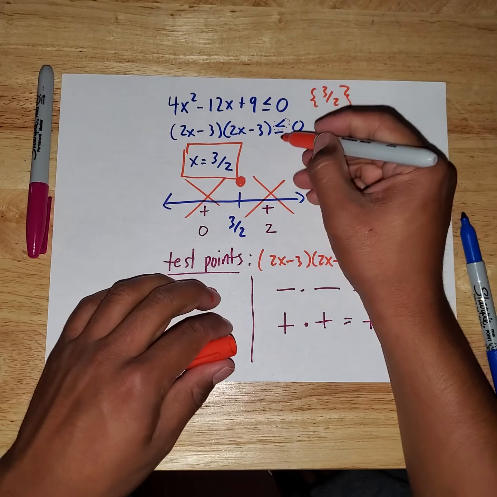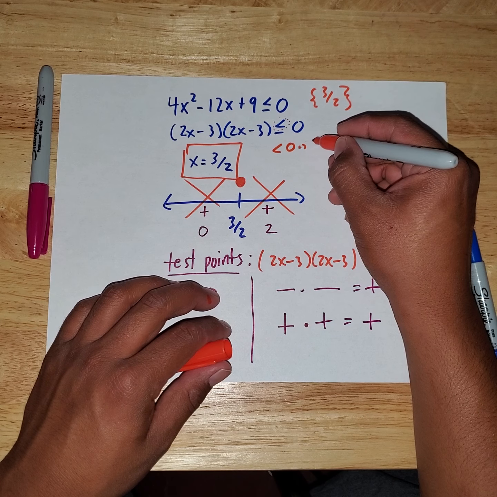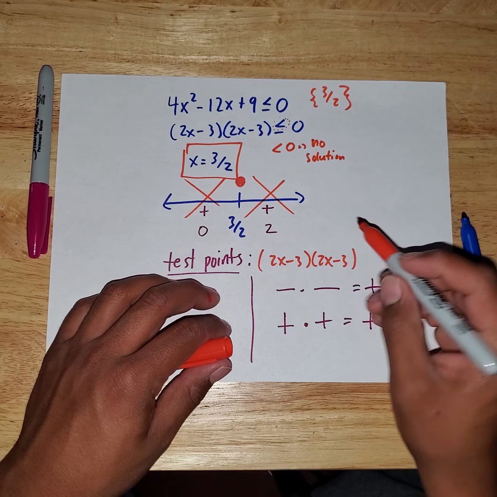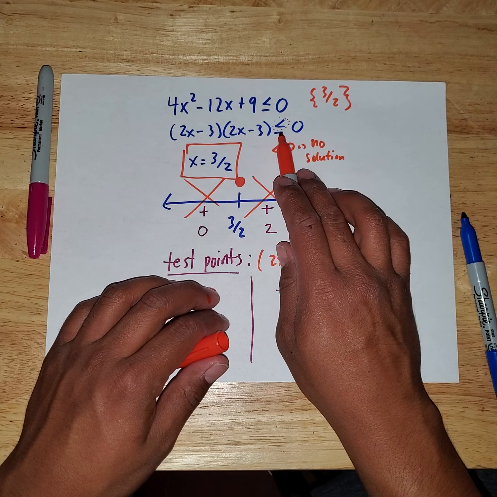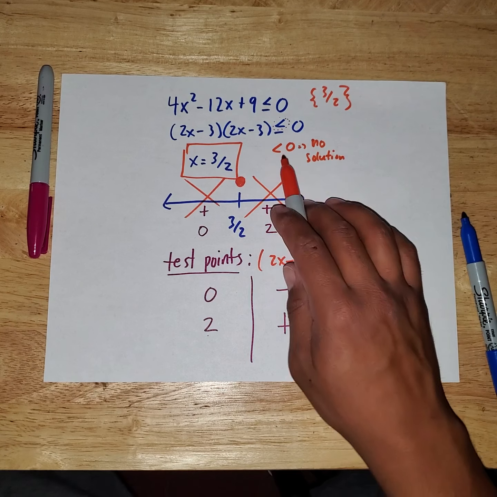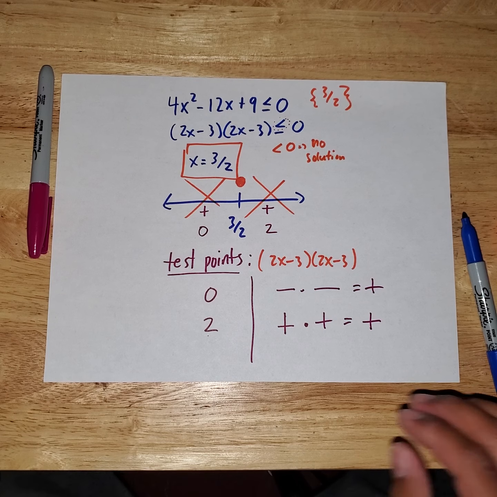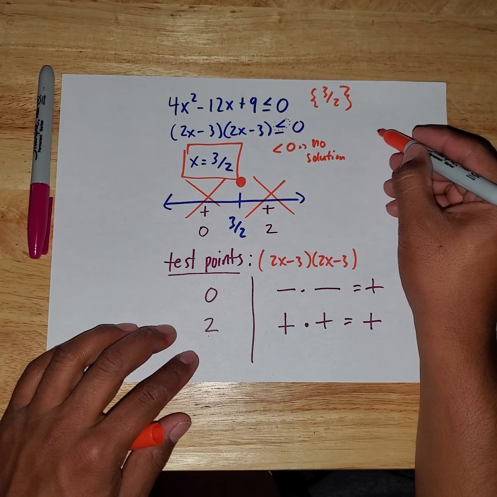If this had said less than or equal to, this would have no solution. But since it says equal to, the only solution is the 3 over 2. If it didn't have the equal to, if it was just a strict inequality, there would be no solution to that.